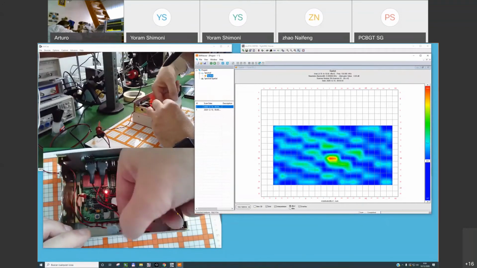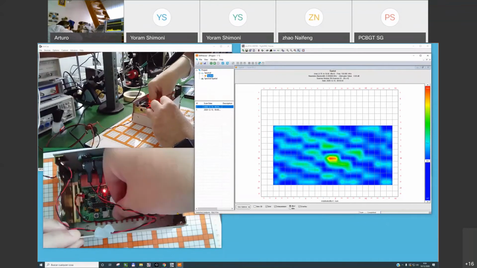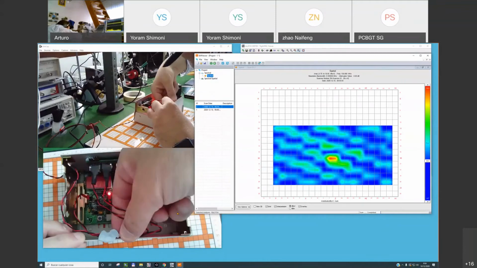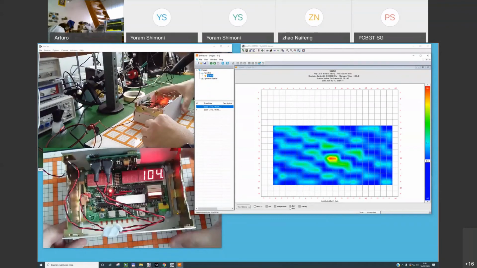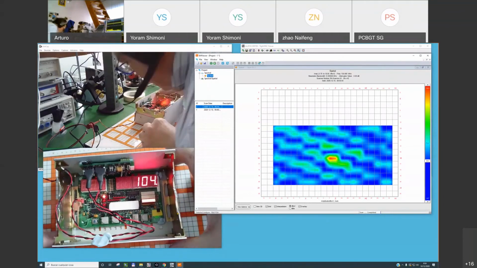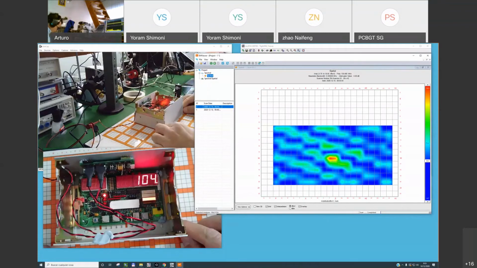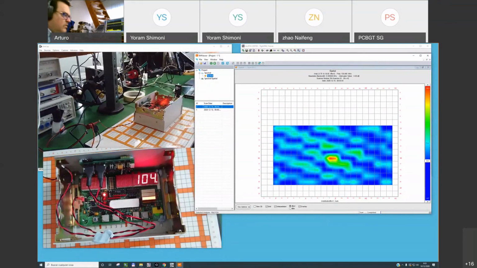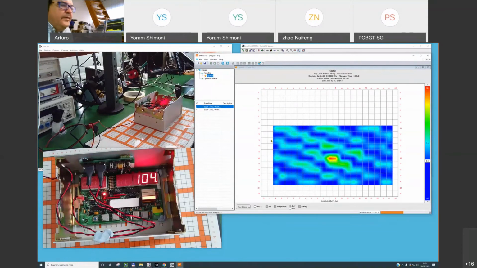What I'm going to do is separate the cables from the slots. Let's put the product in the same position. Right, and now look at this. My cables are far from this area here. Let's see what happened, and we will compare.